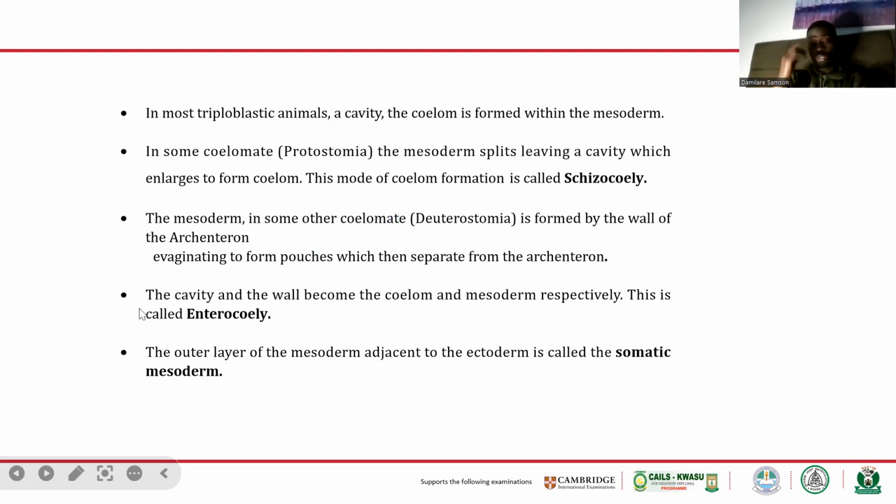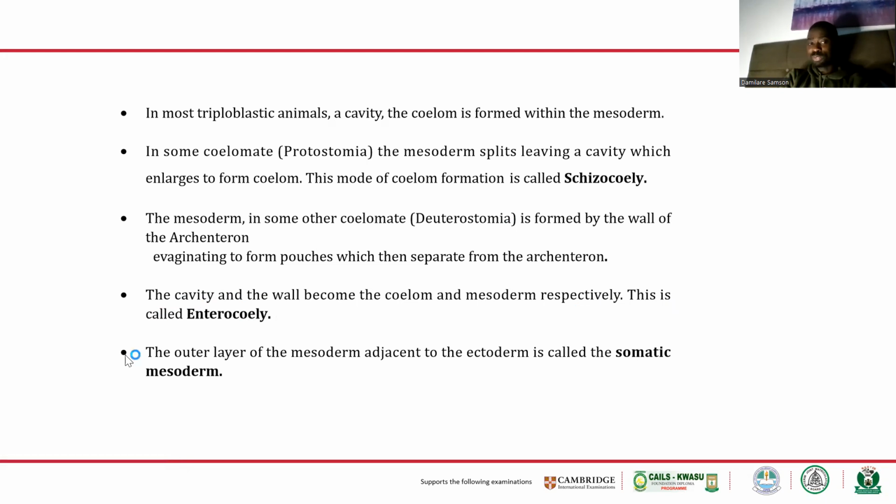So they are just trying to tell you that in different animals, it has some other names, and also it can be formed from the neighboring cell, and that's why they are trying to mention this deuterostomia. Now, the cavity and the wall become the coelom and mesoderm respectively. This is called enterocoely.